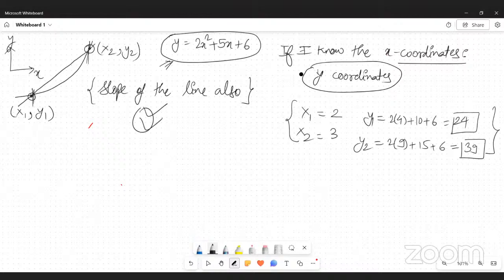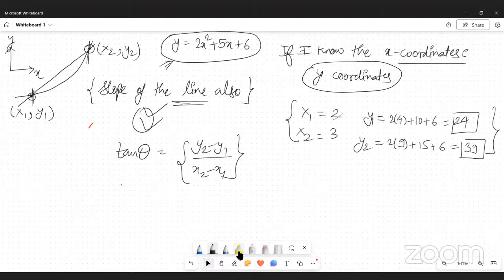If I know x1, x2, y1, y2, I know the slope of the line also. How? Because tan theta is equal to y2 minus y1 divided by x2 minus x1. So just by knowing these 2 points, I know the slope of the line. That's very easy.